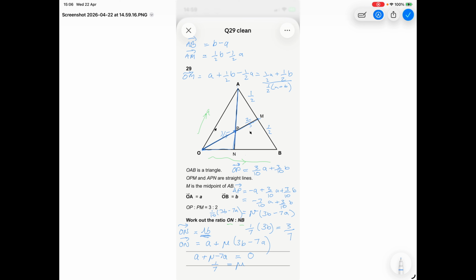So we know that the whole OB is 7 over 7 b, and this bit is 3 over 7 b, so that bit's 4 over 7. That means that this is 3 and that is 4. So it's 3 to 4.